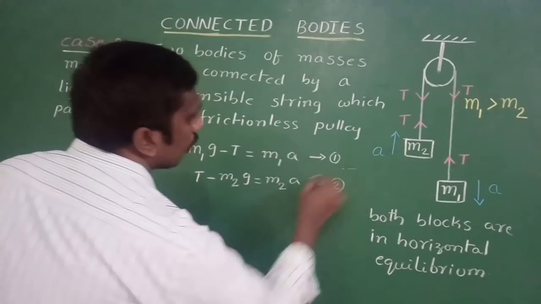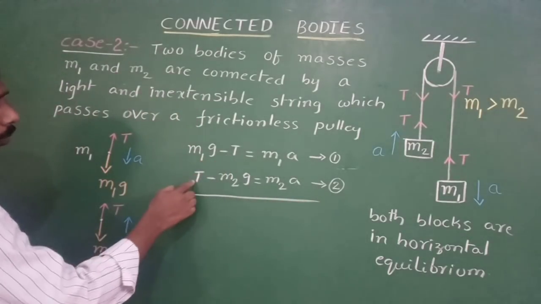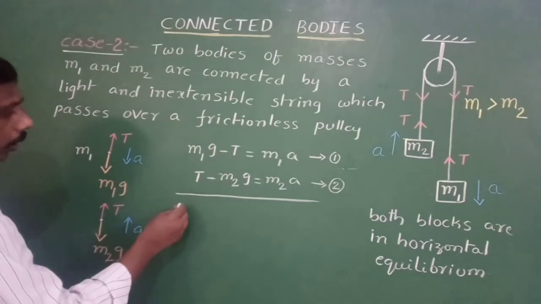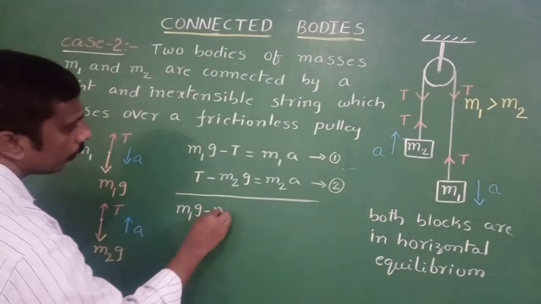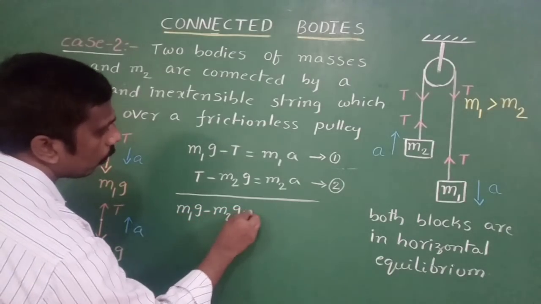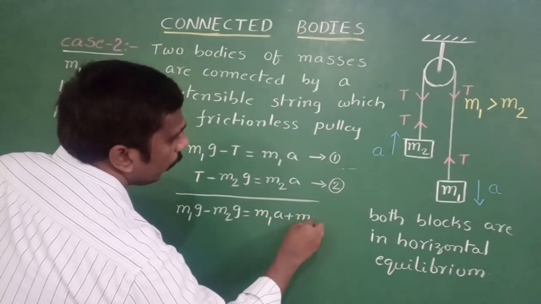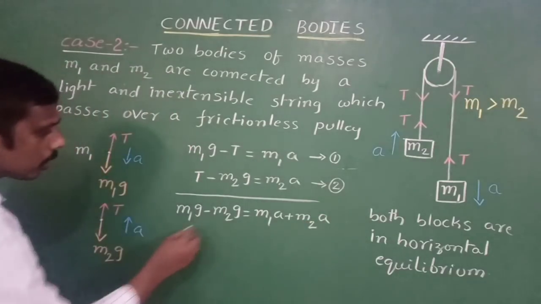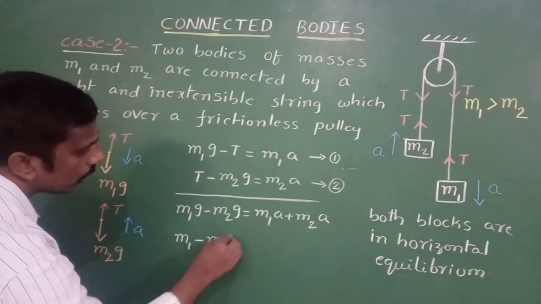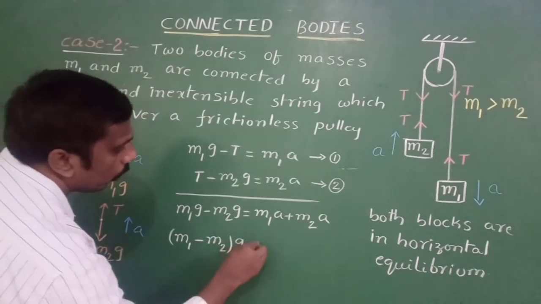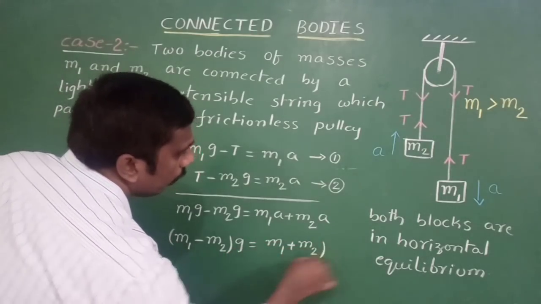Add these two equations, equation 1 and equation 2. Plus T and minus T both get cancelled. Then we get m1 into g minus m2 into g is equal to m1 into a plus m2 into a. Take g common: m1 minus m2 into g is equal to, taking a common, m1 plus m2 into a.